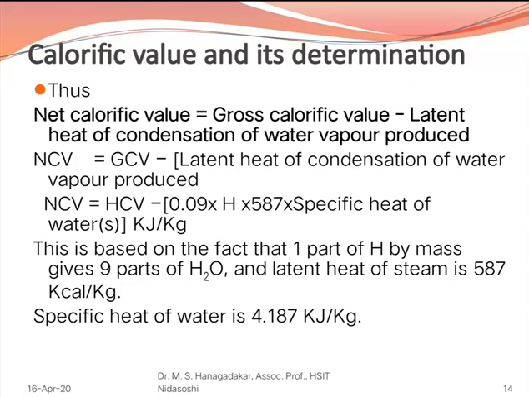Specific heat of water is 4.187 kilojoules per kg. What is the meaning of specific heat of water? It is the heat required to raise the temperature of 1 kg of water through 1 degree Celsius.